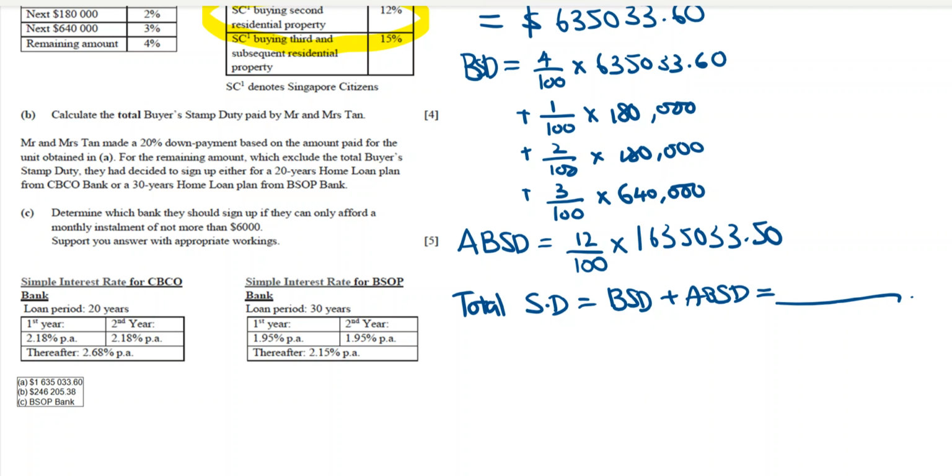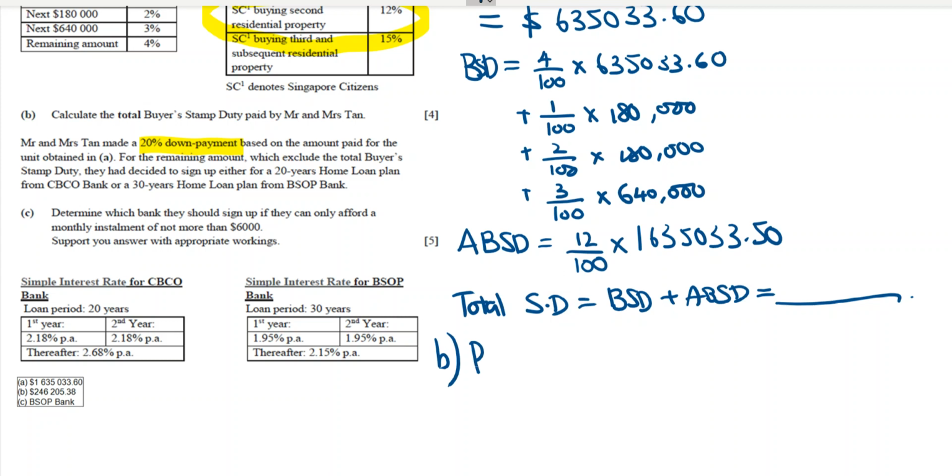Now the next part is, usually when we buy a house, we do not have enough 1.6 million to pay for the whole house. So we will need to borrow from the bank. After he makes a 20% down payment, the principal which we borrow from the bank is always the remaining amount after the down payment.